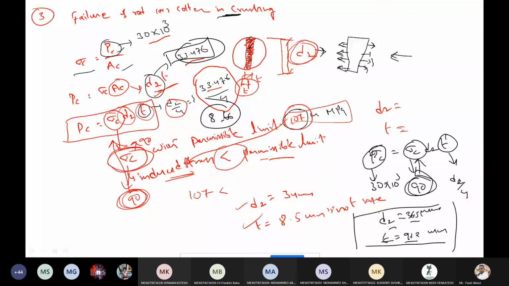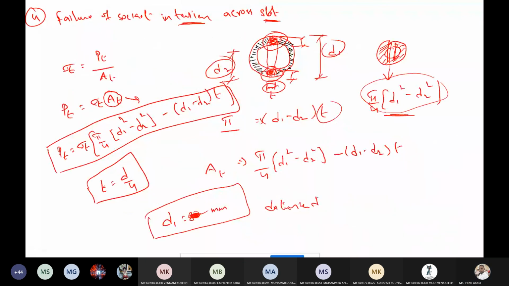Okay, Babu. Now what is the fourth one? Failure of socket in tension across the slot. So here we are getting the value D1. So to calculate D1, P T value is given in the question, 30 into 10 to the power of 3. D1 we don't know. D2 we just now calculated. Which value do we have to take?